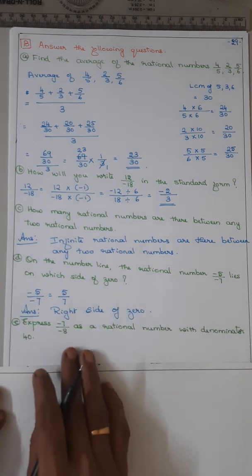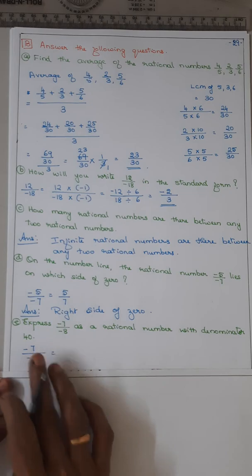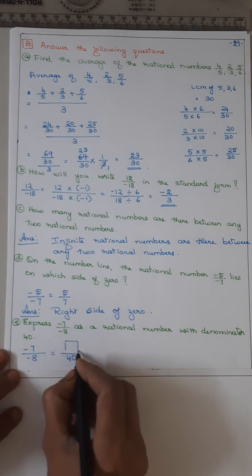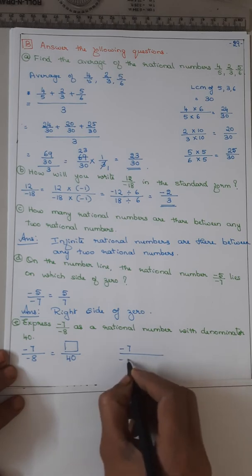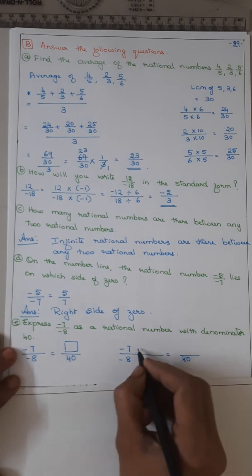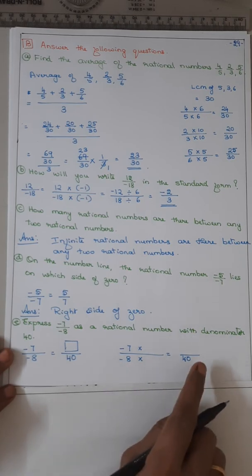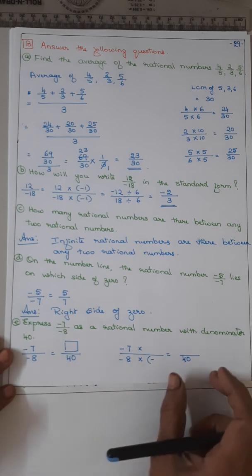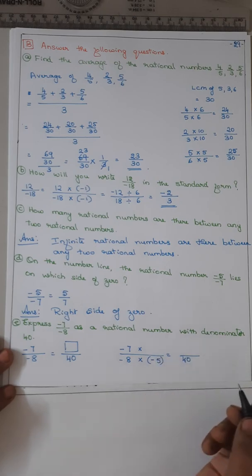Okay. Now express minus 7 by minus 8 into denominator 40. Remember this? To convert minus 7 by minus 8 into 40, multiply by the smaller-to-bigger number with a multiplication sign. Minus into minus will be plus. So 8 how much are 40? 8 5s are 40.